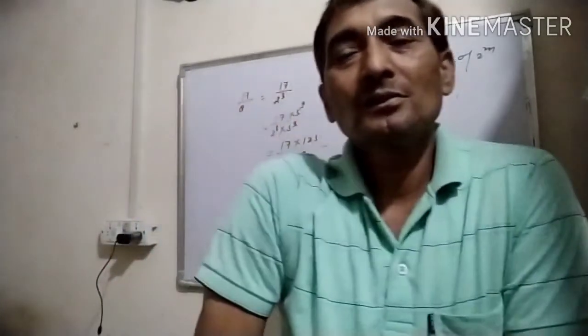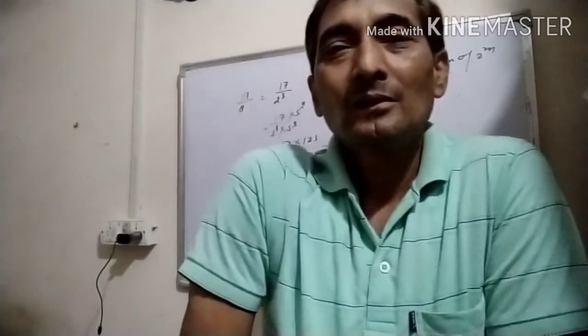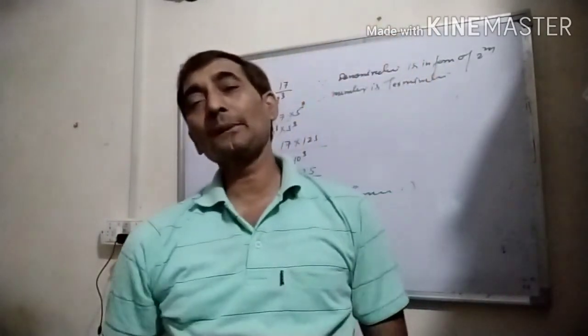After that, the fundamental theorem of arithmetic, rational and irrational numbers, and after that decimal expansion. All of the syllabus of real numbers we finished. So chapter number 1 we finished.